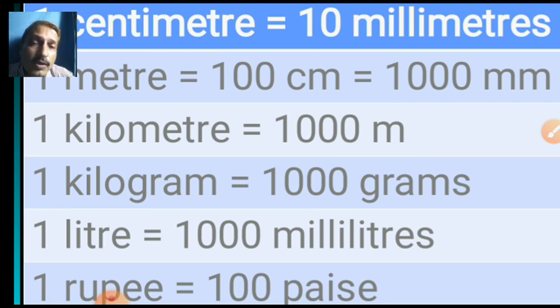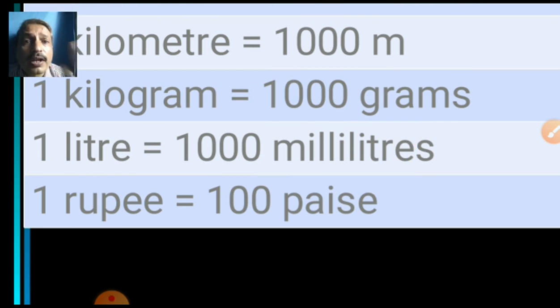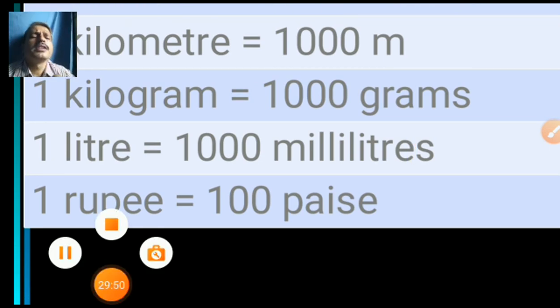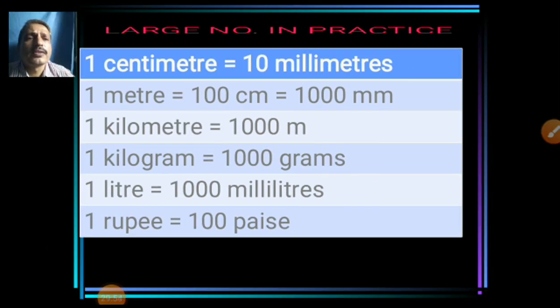Whenever you purchase milk or petrol, they ask for liters. Don't say kilogram at a petrol pump; asking for 1-2 kilograms of petrol does not sound good and is improper. So 1 liter means 1,000 milliliters. Last one, 1 rupee is equal to 100 paise. You remember this one? Yes, my dear student, you are right.